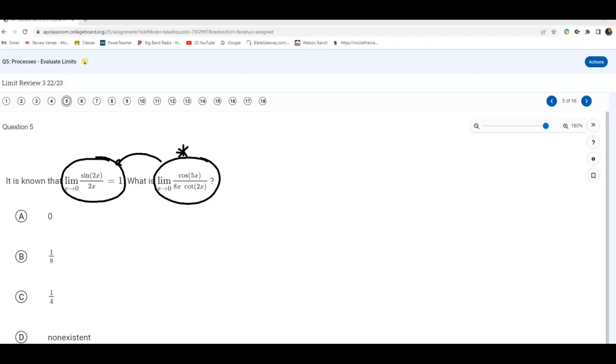First of all, we're going to use our trig identities. Cotangent can be rewritten as cosine over sine.